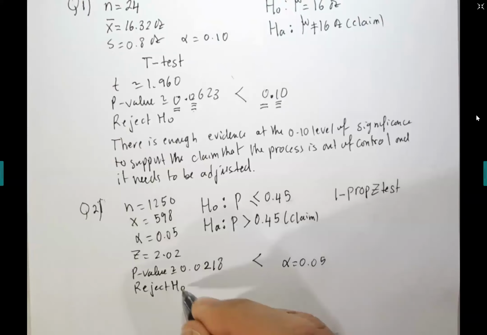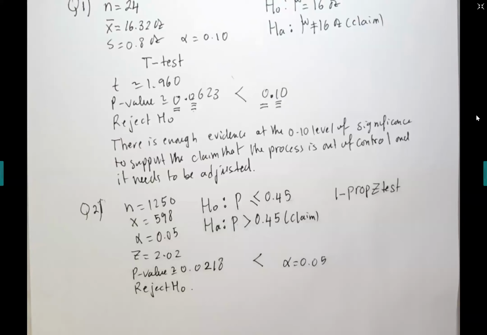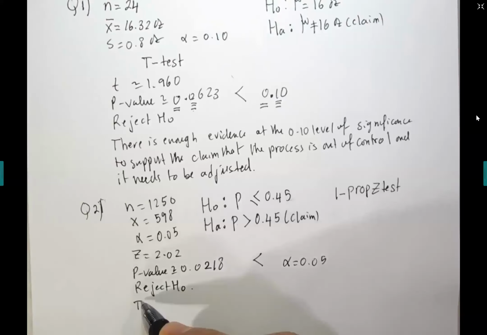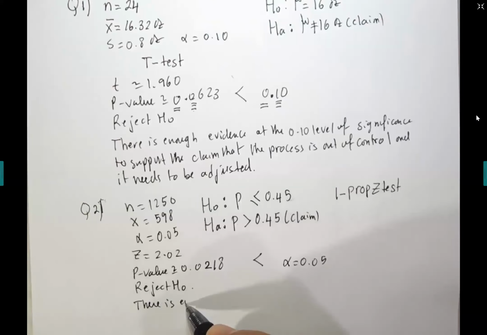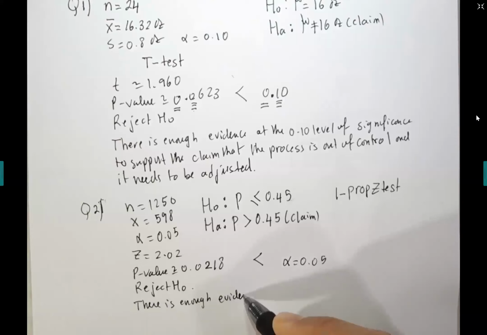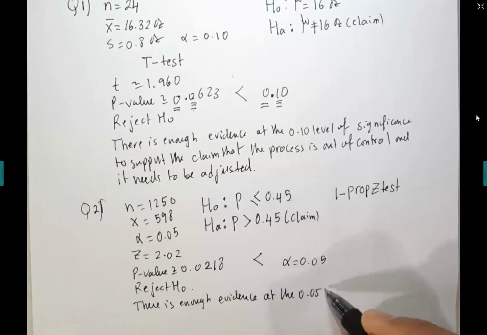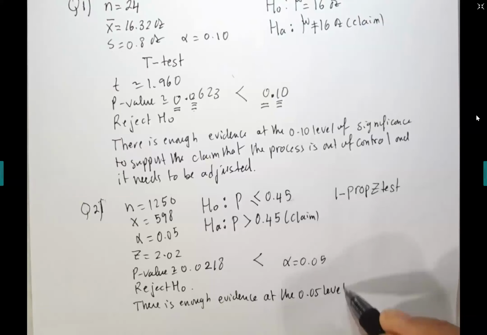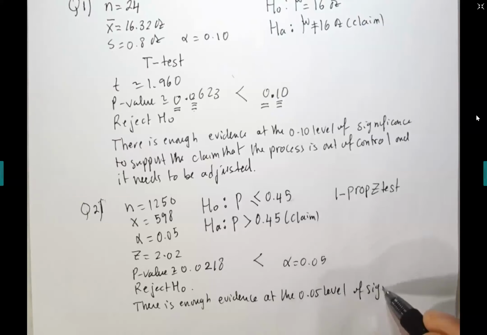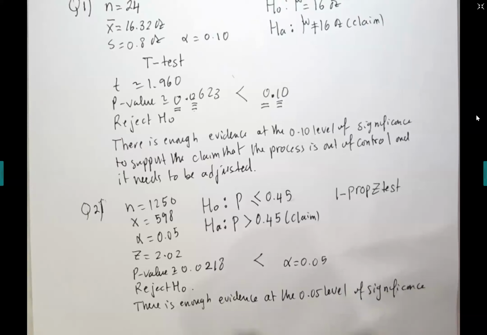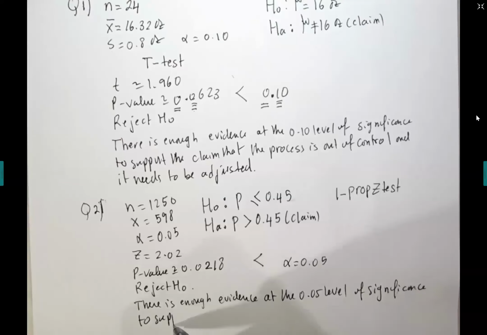Unlike the session last time, where mostly it was fail to reject H0, today is rejecting H0. So we reject H0 and we say there is enough evidence at the 0.05 level of significance to support the claim.